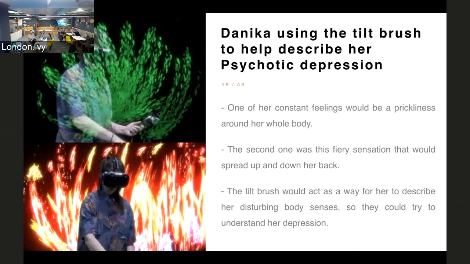So she found it a fascinating and helpful way to show the doctors and anyone trying to help her exactly what she's feeling at the time. And I think it's a helpful mental way to describe it and carry on with it, I suppose.